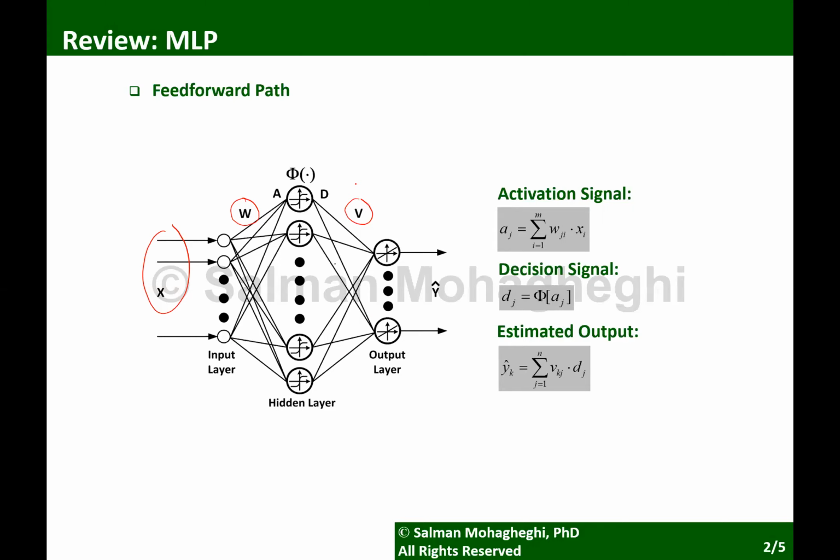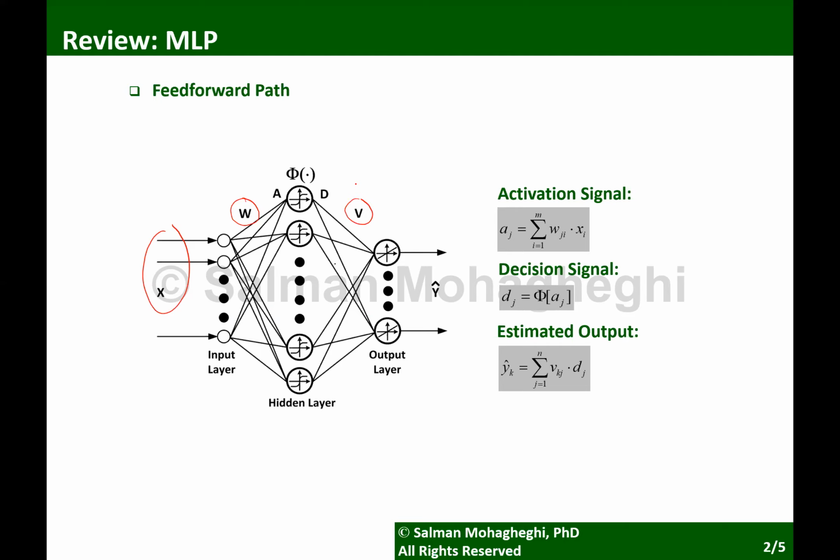And then the V matrix represents the weight coefficients for edges that connect the hidden layer neurons to the output layer. When we talk about designing a neural network, you would essentially have to decide on three things: the number of neurons in the hidden layer, the weight coefficients for the input side W, and the weight coefficients for the output side V. So once we know these three sets of parameters, we basically know what the neural network is and what structure it has.